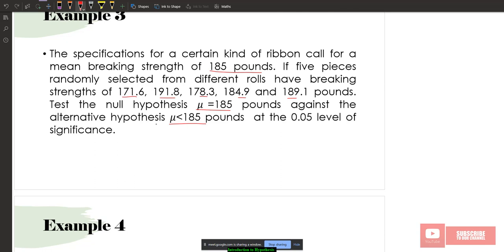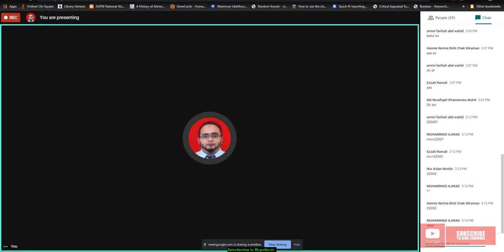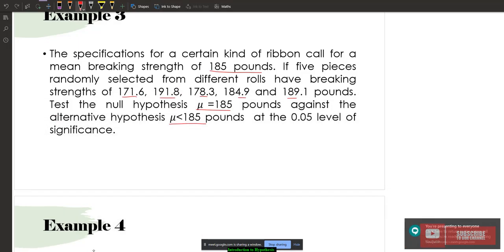So this is a single or one-sided test. Which side is it, right or left? Can you speak up? Left. Left, right? So this is a left tail. Our alpha is 0.05. So what test statistic are we going to use? Is this a T test or a Z test?